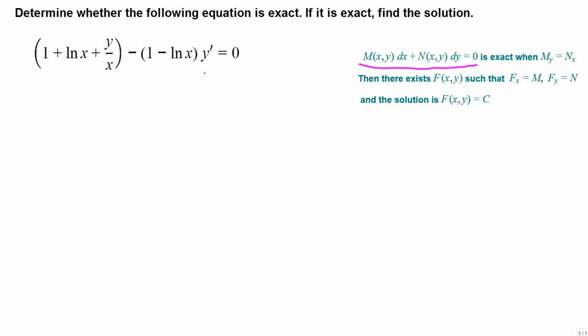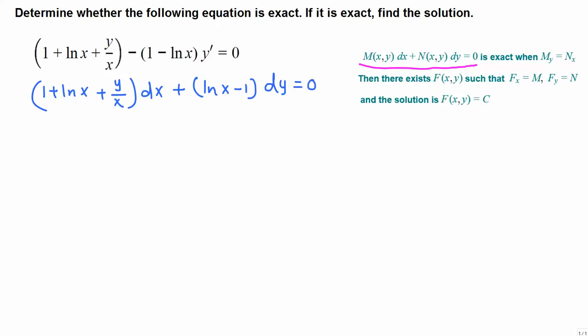So dy over dx, let me put dx here. So this is 1 plus natural log of x plus y over x dx, and I want to put plus, so I distribute this negative 1, negative negative positive, natural log of x minus 1 times dy over dx equals 0.